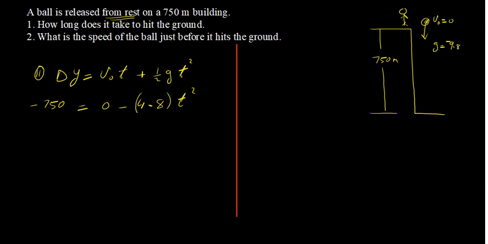By just rearranging the equation, I will have negative 750 divided by negative 4.8. That should give us 750 divided by 4.8.